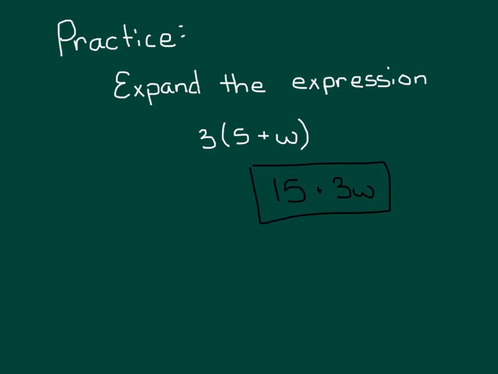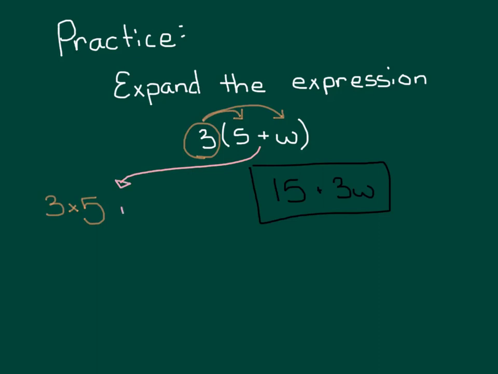So the very first thing we're going to do is we're going to take this number on the outside, and we're looking to see what the numbers are inside, and we're going to multiply them together. So what I have here is 3 times 5. I'm going to borrow the sign in the middle because it stays the same at this point.